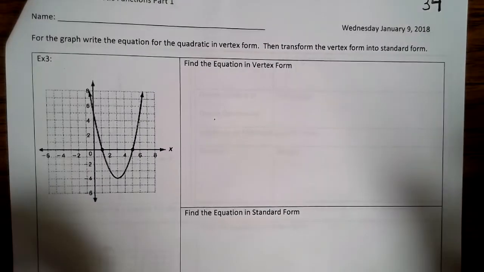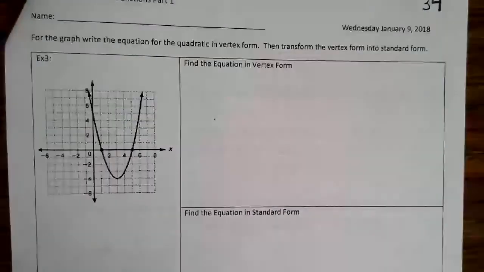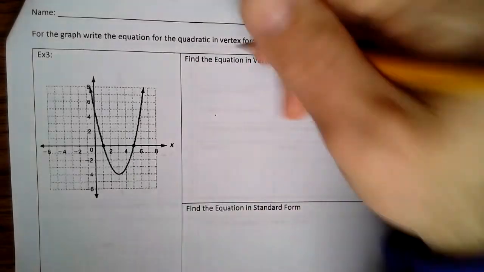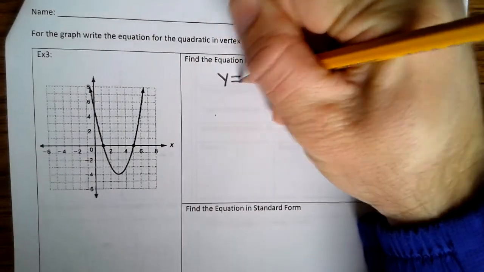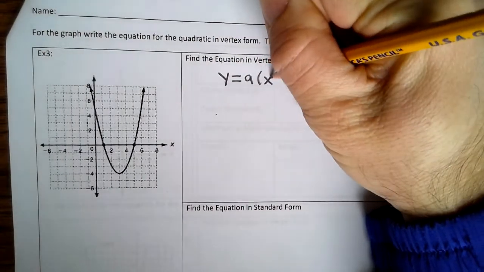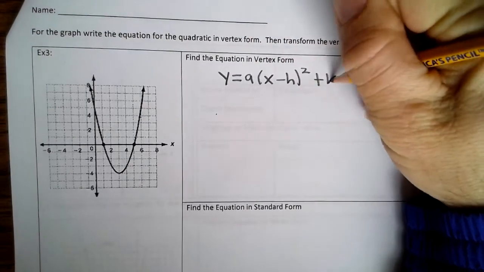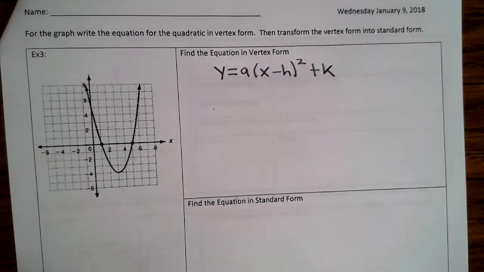All right, example 3. For the graph, write the equation for the quadratic in vertex form. Then transform the vertex form into standard form. So to find the equation, we know that we're using y equals a(x minus h) squared plus k. So before we do anything else, we need to find the vertex h and k and a point x and y.